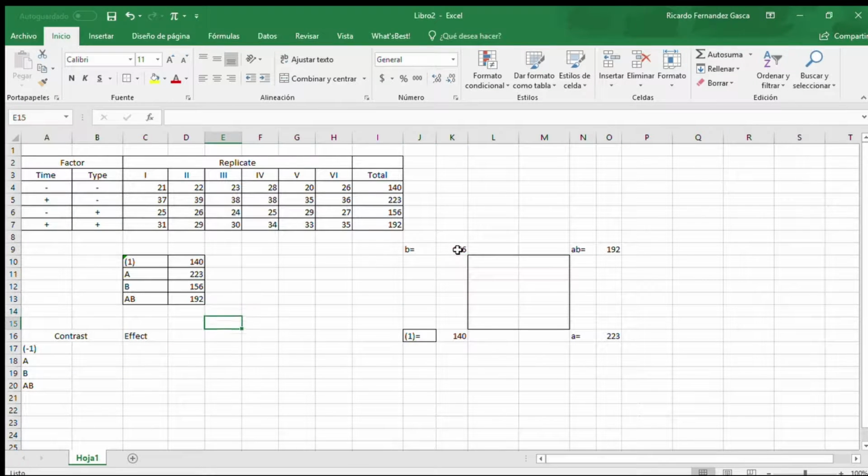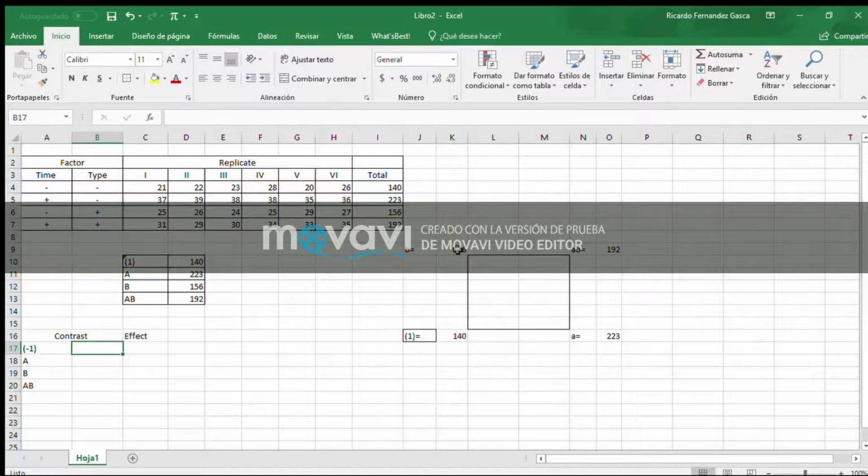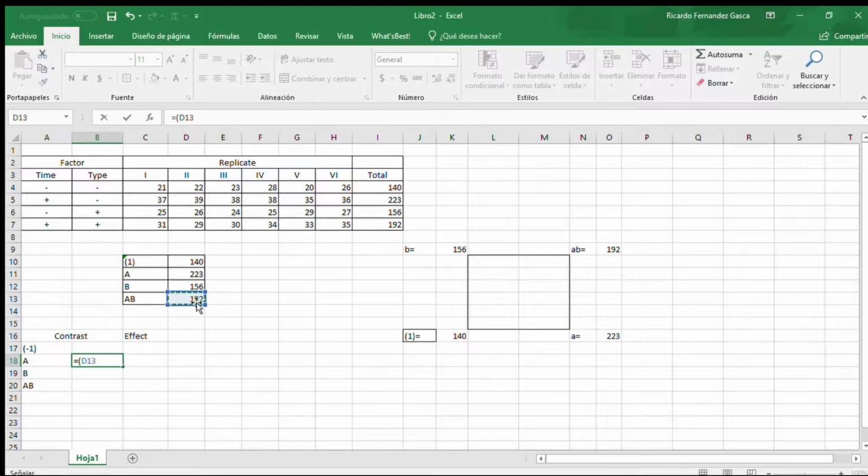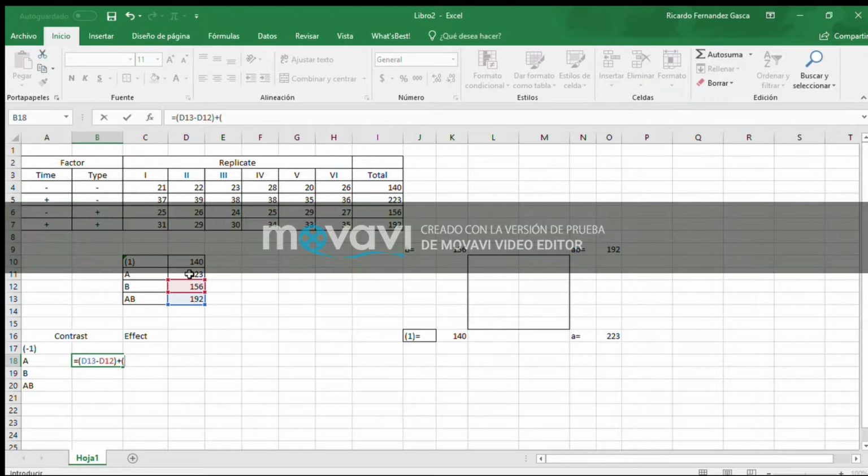Okay, so the contrast we can estimate it as, for example, for A, we can estimate the contrast as AV minus V, then plus, and so now it's A minus the number 1.